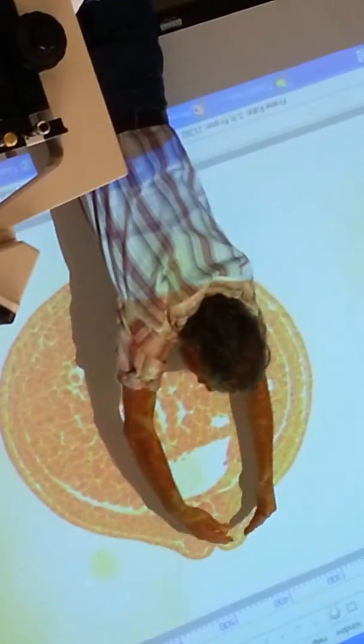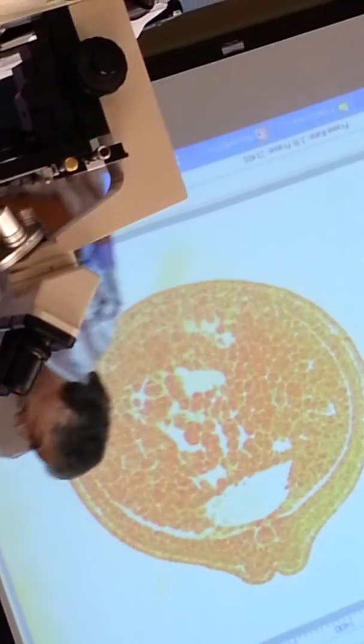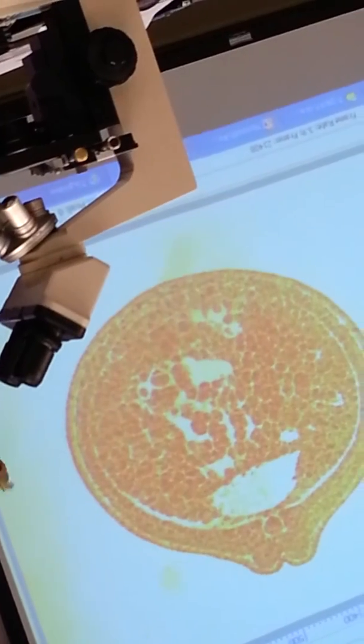And you will see on the next slide how these two little humps keep growing and growing and touch each other and fuse at the top. But they fuse around a hollow cavity. We'll see that.